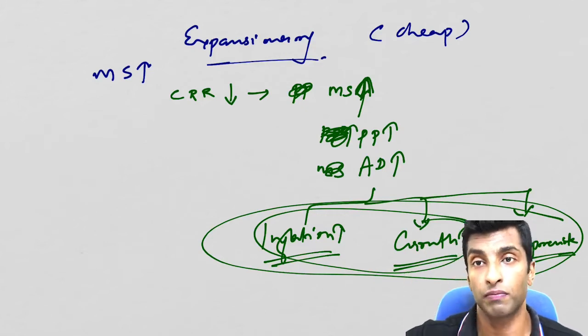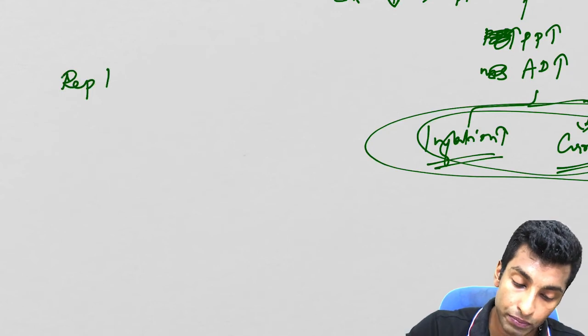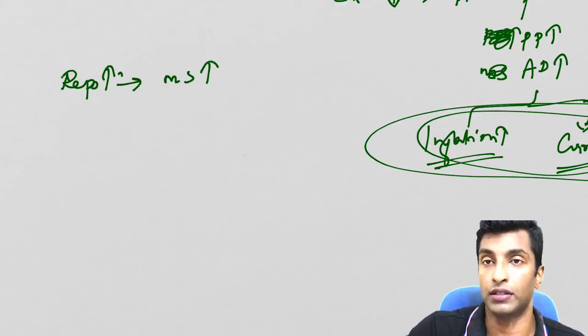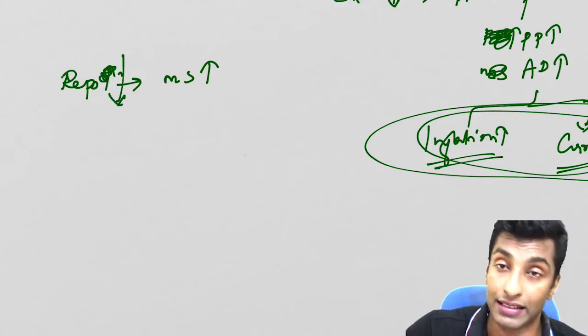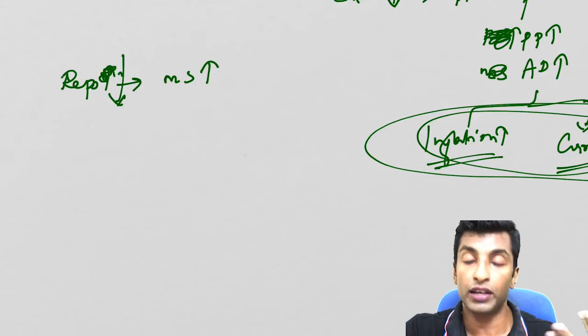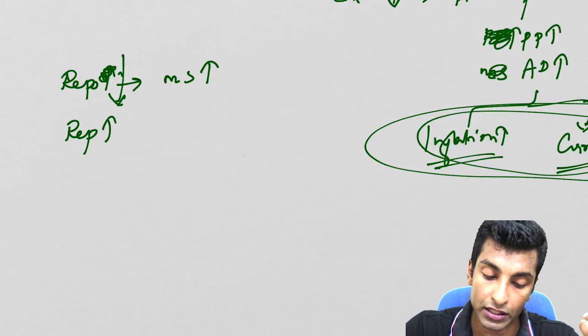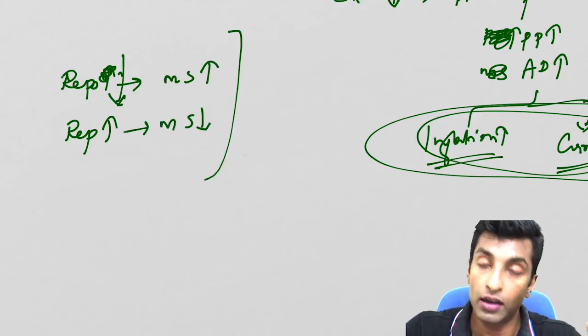So cost of borrowing from the banks will be cheaper for the people. So money supply will increase. Repo decrease means money supply increase because cost of borrowing is less. Repo increase means money supply decrease because cost of borrowing is more.